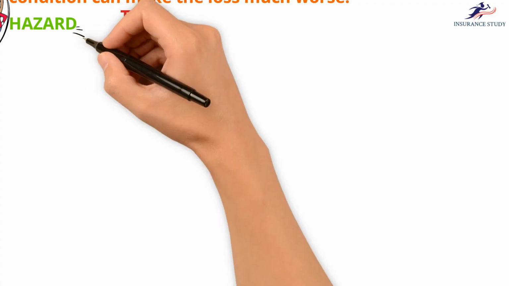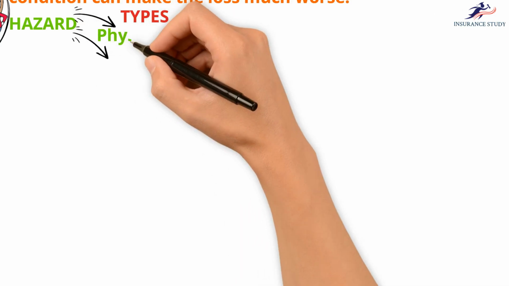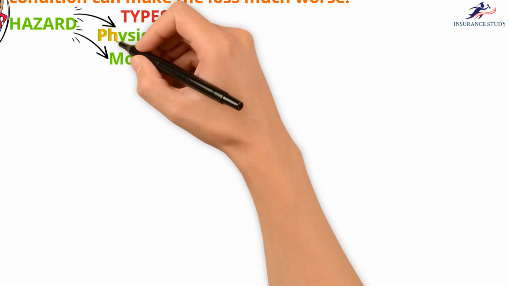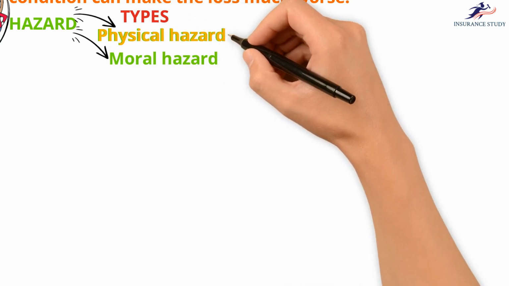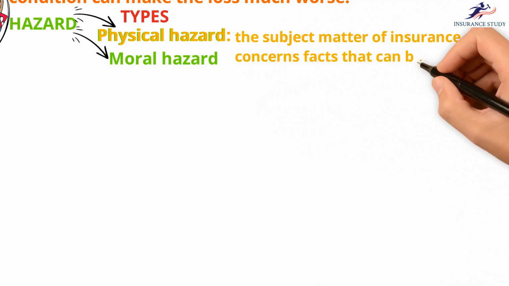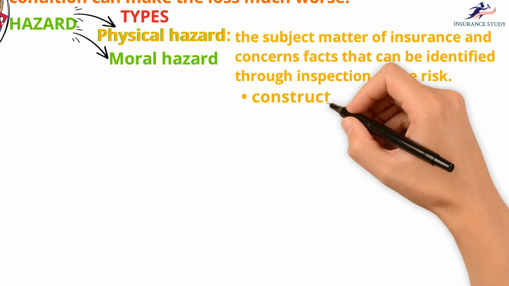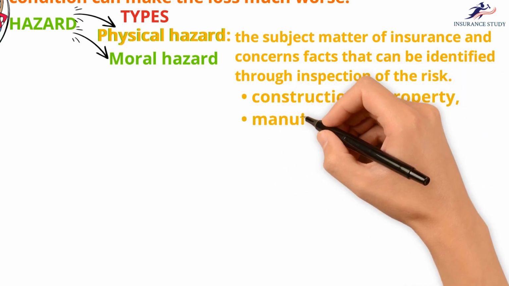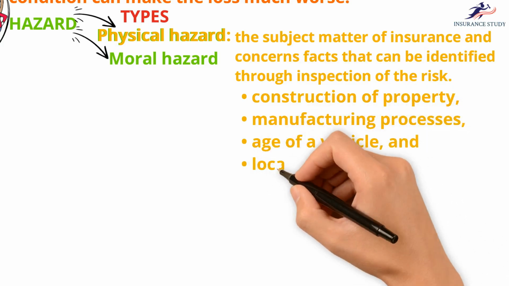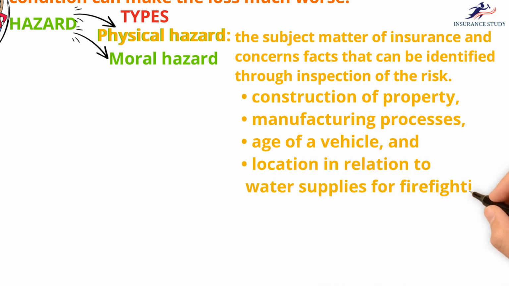There are two major divisions of hazard discussed in this material: physical hazards and moral hazard. So let's start with the physical hazards. Physical hazards refer to the subject matter of insurance and concern facts that can be identified through inspection of the risk. Examples: construction of the property, manufacturing processes, age of a vehicle, and location in relation to water supplies for firefighters.